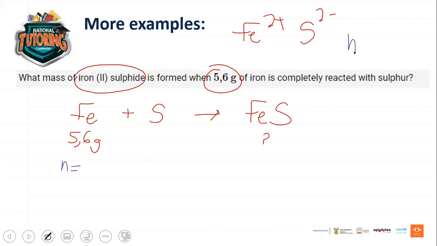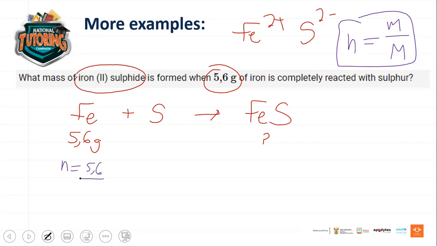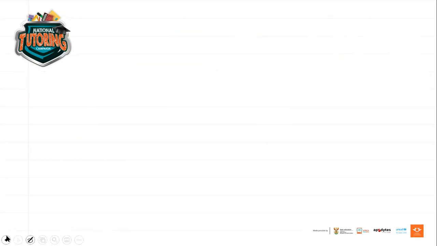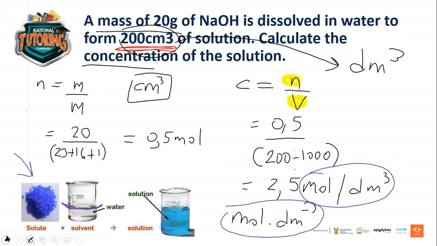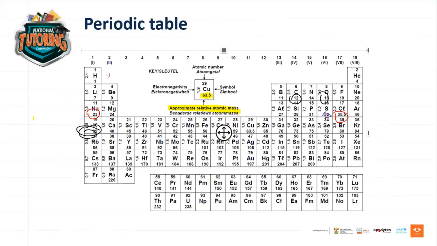Remember, number of moles is mass divided by molar mass. The mass of iron the guy gave us is 5,6. The molar mass of iron, got to go back to the periodic table and check, because we're not expected to know that off by heart. We've got to look for iron in the periodic table. Fe, it's 56.